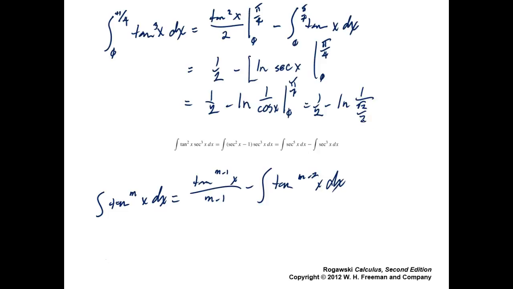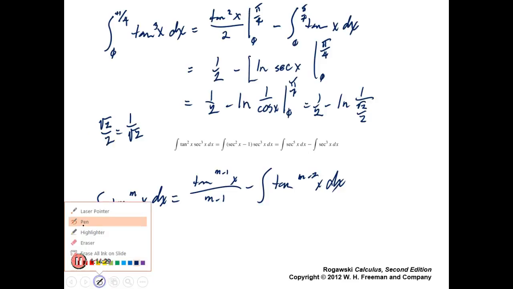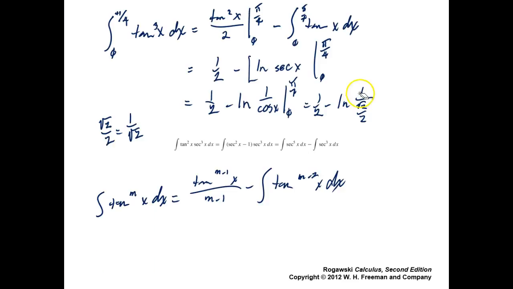Well, wait a minute. Let's back off here a minute. Square root of 2 over 2, another way to write that is 1 over root 2, right? Rationalize that denominator and you get that, right? So 1 over root 2 would simply be root 2, right? So that'll be a lot easier to write it that way.